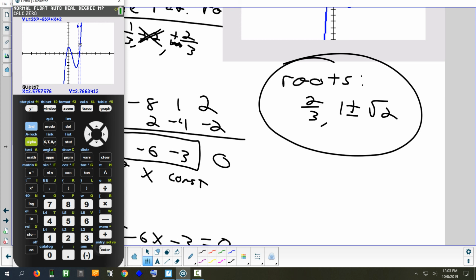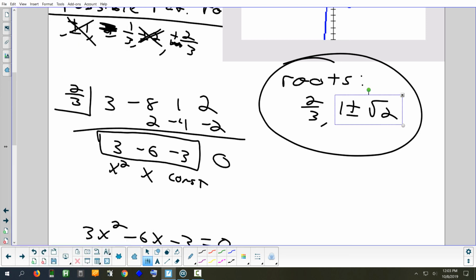Left, right, yes, 2.41. Yep. And the other root would be 1 minus the square root of 2. So there's no way that the calculator can give you exact answers like that. I'm going to ask for the exact. So you have to use synthetic division and then the quadratic formula.